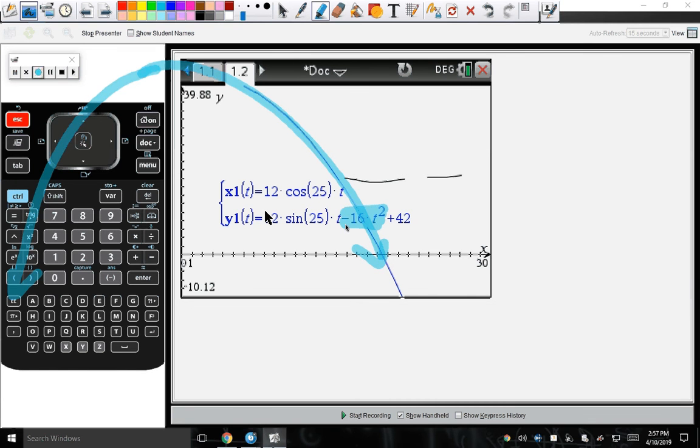This negative says that it's actually going to go backwards as well. But why do we not count this answer over here? Because it's negative what? Time. And we're not going to look at negative time. We're only looking at positive time.